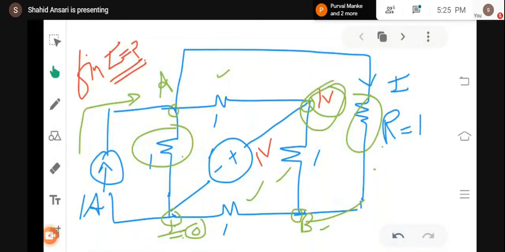The requirement of mesh analysis. First requirement: should we have all voltage sources or current sources? Voltage sources. So we can convert this particular current source into a voltage one, right?